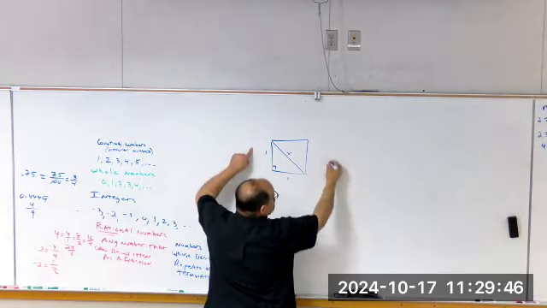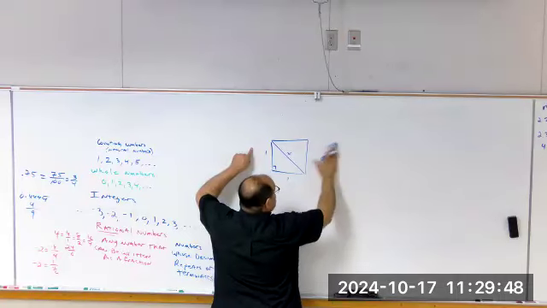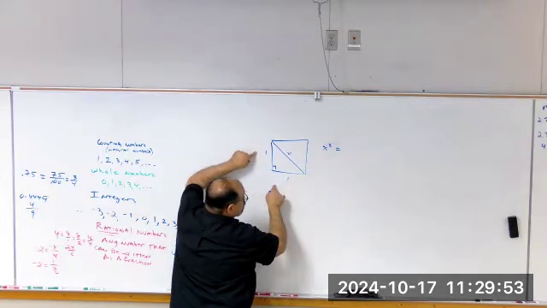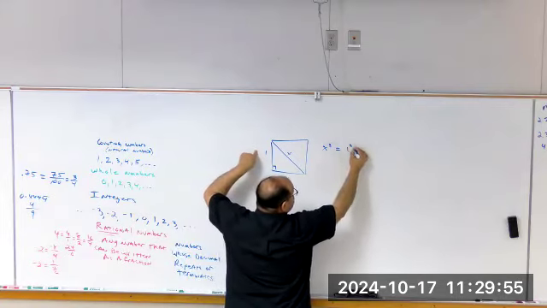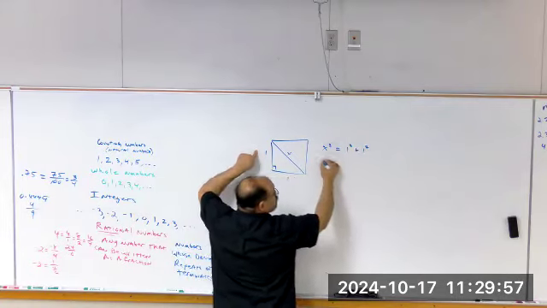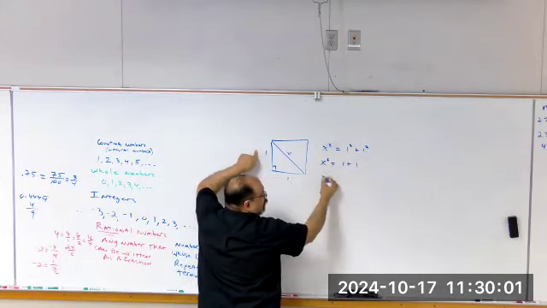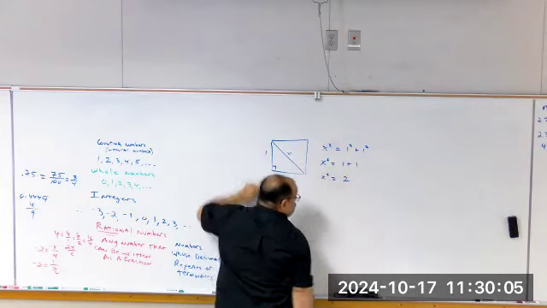According to the Pythagorean theorem, the hypotenuse squared, x squared, is equal to the leg squared plus the leg squared, 1 squared plus 1 squared. So x squared is equal to 1 plus 1. So the hypotenuse squared is equal to 2.